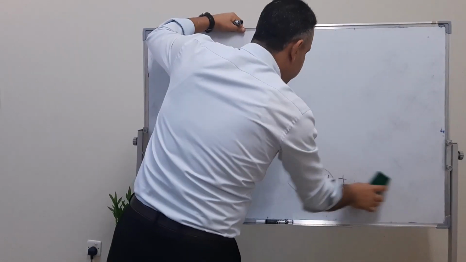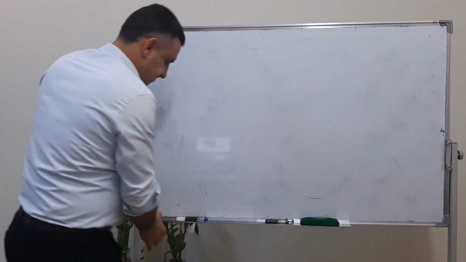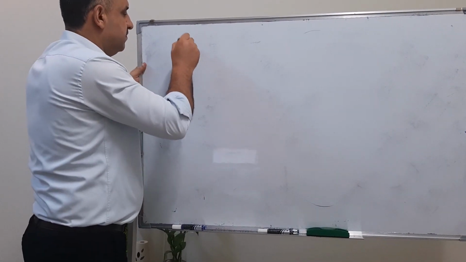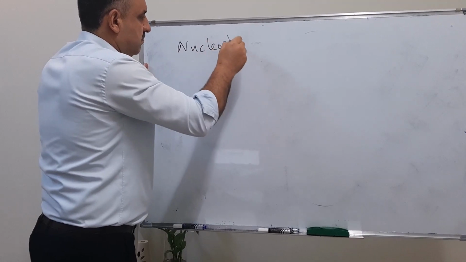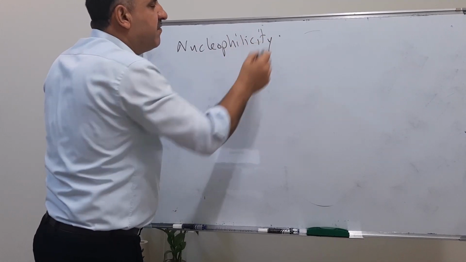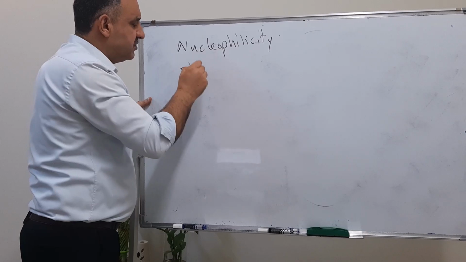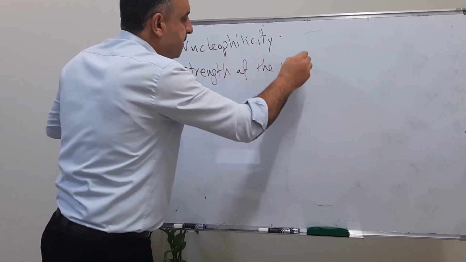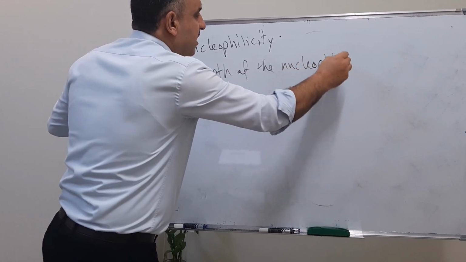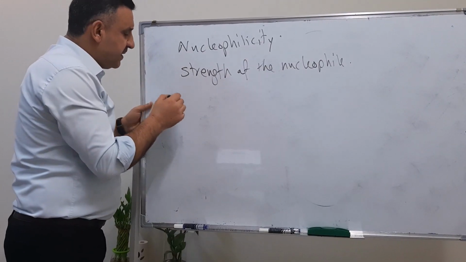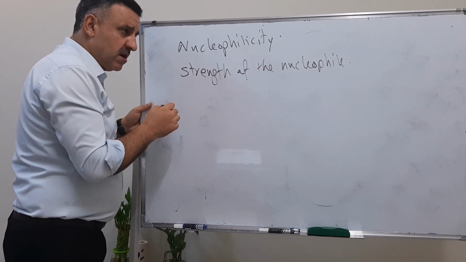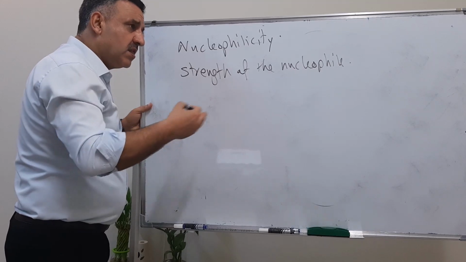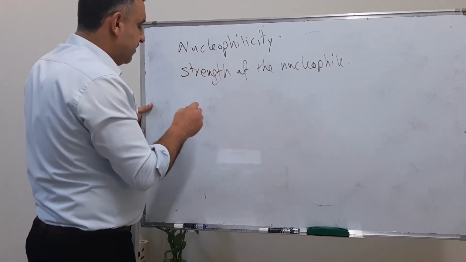Let's talk about nucleophilicity. The meaning of nucleophilicity is the strength of the nucleophile, and which nucleophile is stronger. Generally speaking, there are trends for the nucleophilicity based on the location of the atom in the periodic table.